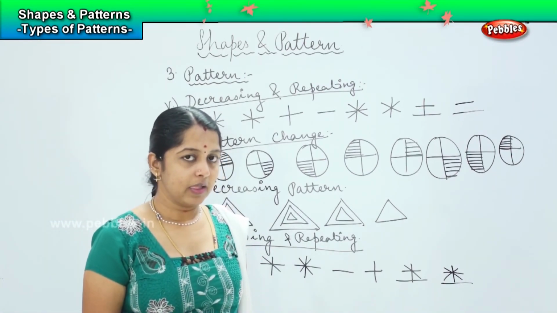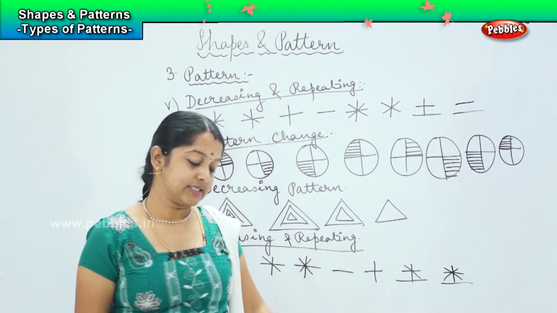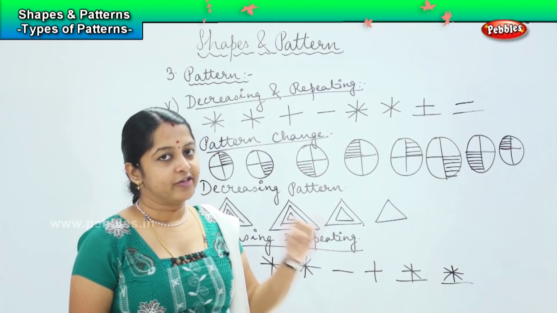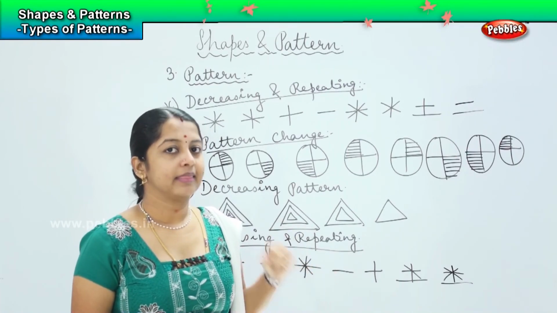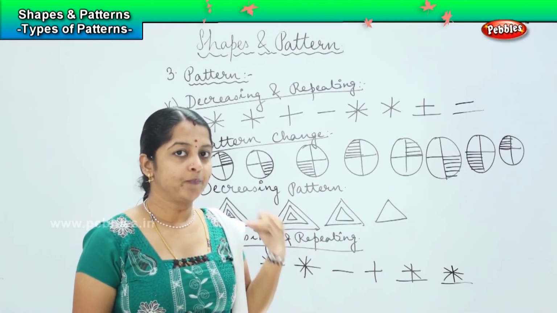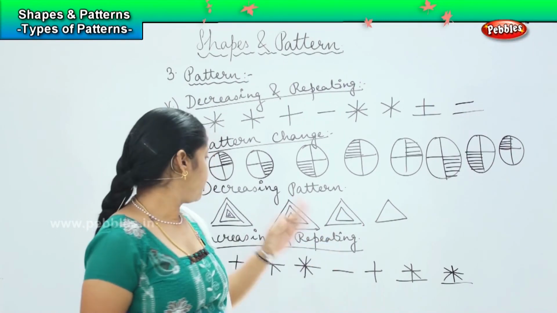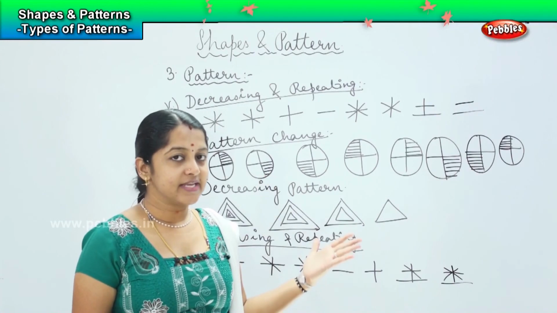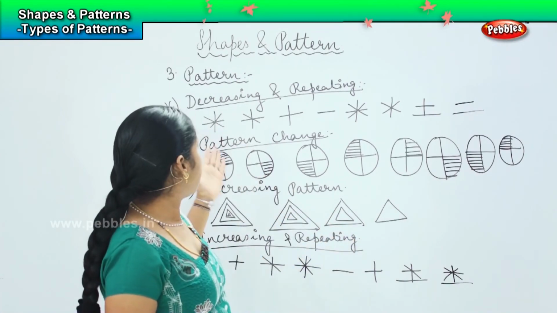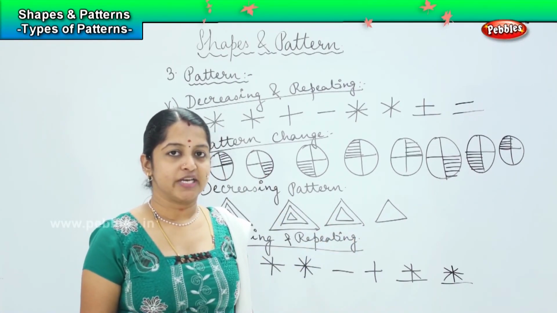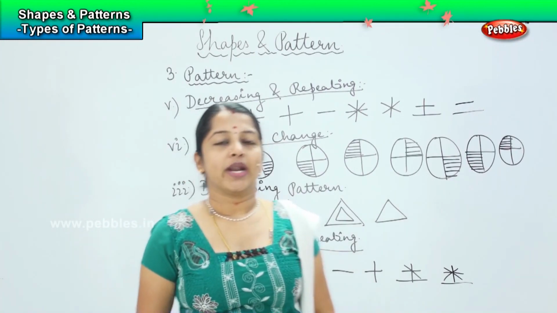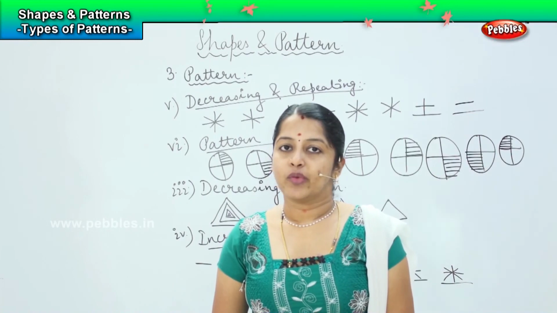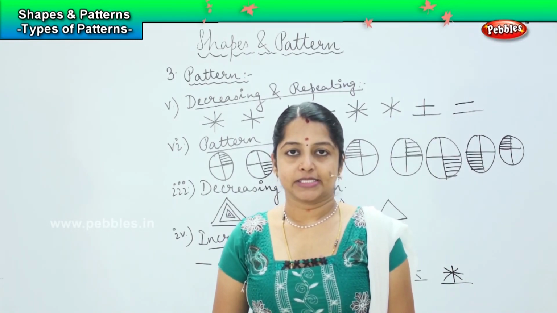Did you understand? So, did you notice the various types of patterns which we have seen? The first one was the repeating pattern, then we saw the increasing pattern, decreasing pattern, increasing and repeating, then we saw decreasing with repeating, and the last one we saw the pattern change. So, these are the variety of questions which we can come across while solving the exercises. Okay.